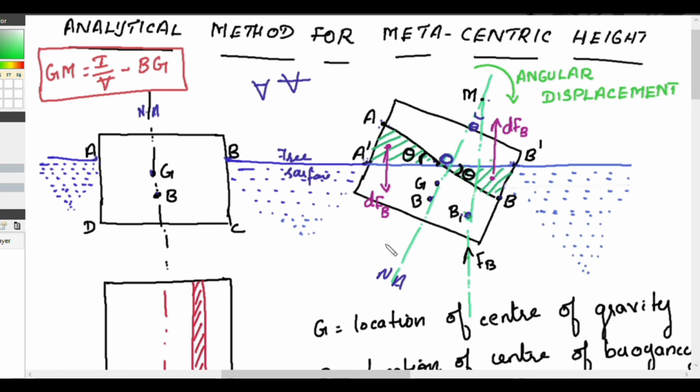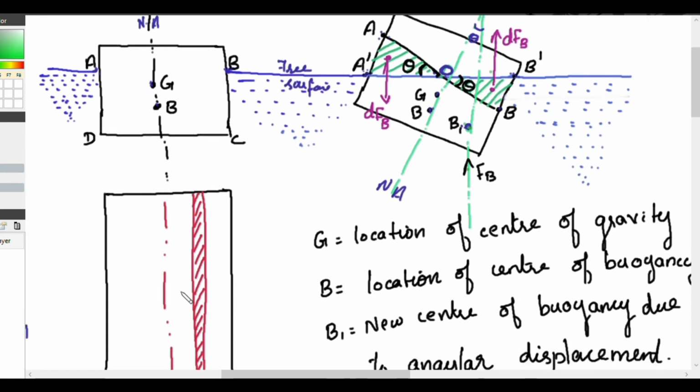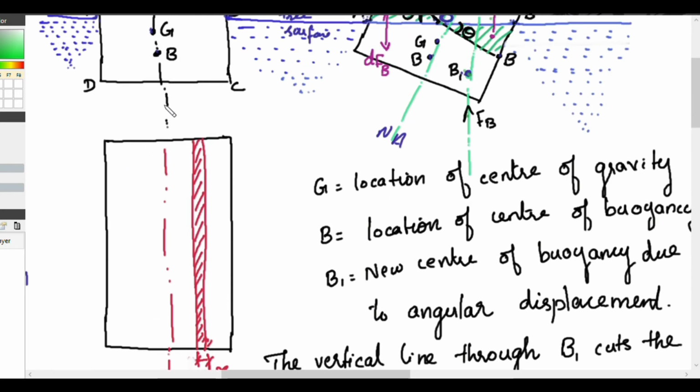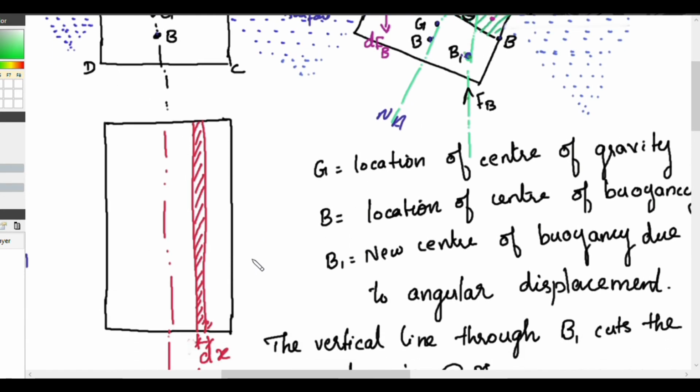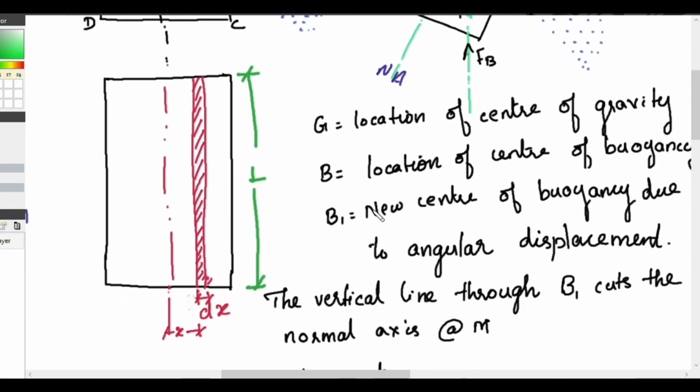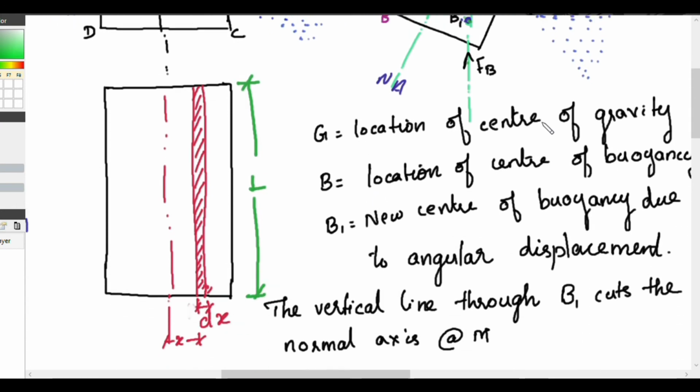Now we will move on to our derivation. This is the length of the object, so the length of the object is taken as L. All the things in the diagram are explained. G is the location of center of gravity.